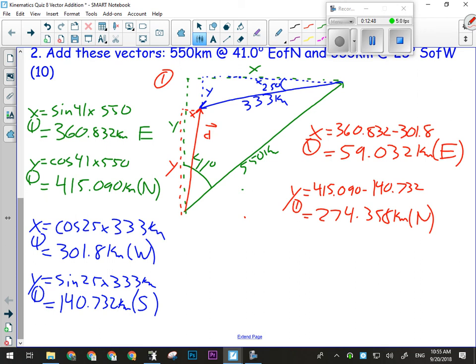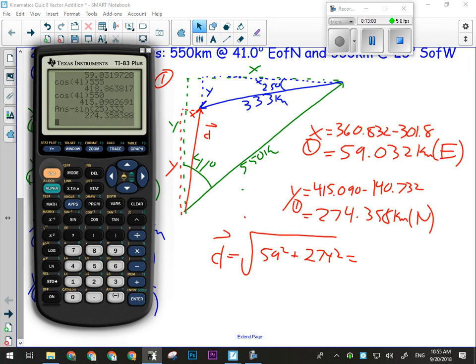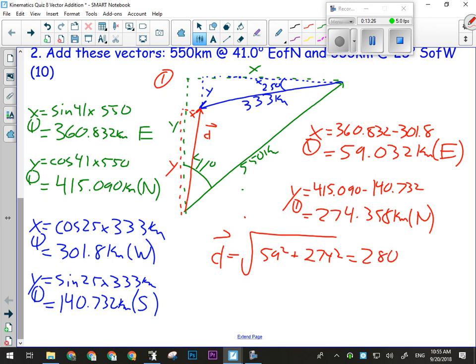1 mark for that. Okay, then we need to get our total displacement magnitude using Pythagorean theorem, so that'll be our 59 squared plus our 274 squared. Squared. Okay, so we're getting an overall magnitude of 280.637 kilometers. 1 mark for that step.